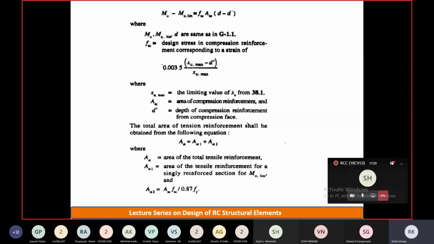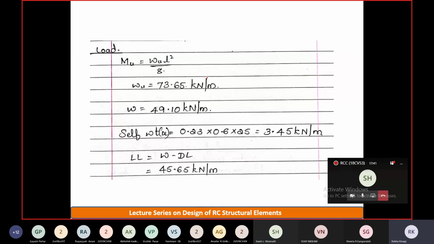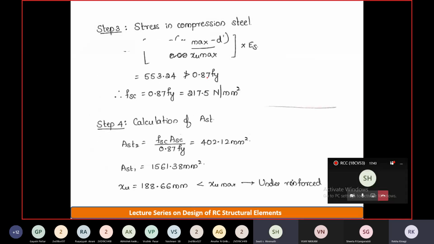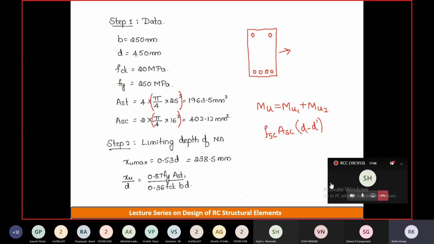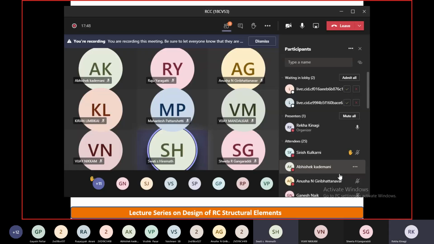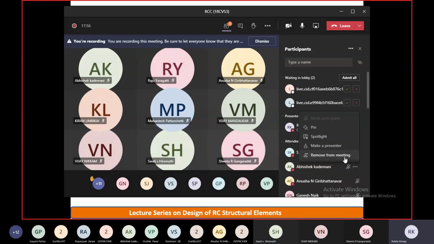Yes, FSC is the stress in compression reinforcement corresponding to a strain of 0.0035 into XU max minus D dash divided by XU. So the same equation will be used here. Just make sure that you have the IS code book.